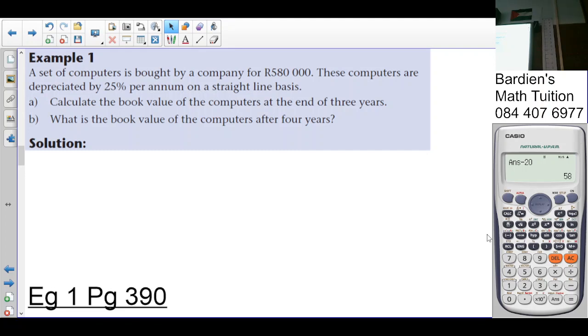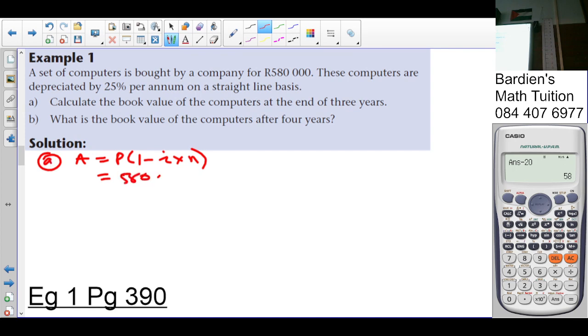So which formula do we use? We use the formula A is equal to P into 1 minus i times n. The principal, or the starting value, is 580,000 into 1 minus the interest of 25%, so 0.25, for 3 years.